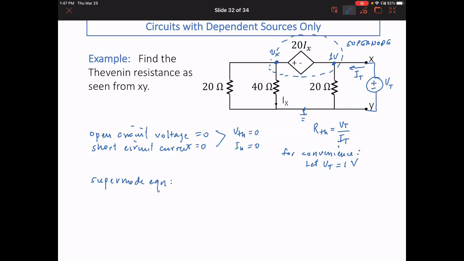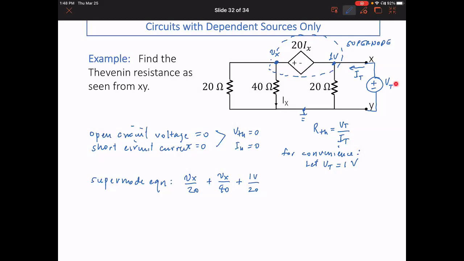Okay, my supernode equation will be V of x over 20. That's this current. Plus V of x over 40. That's this current. Plus 1 volt over 20. So ito yun, 1 volt over 20.